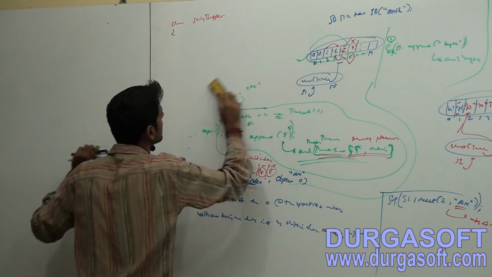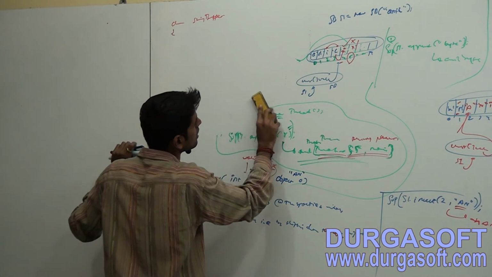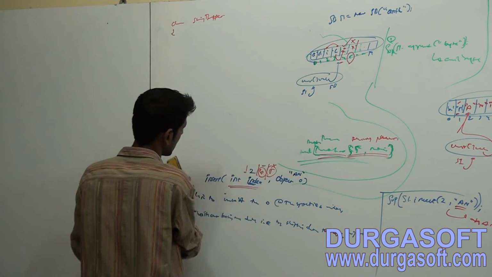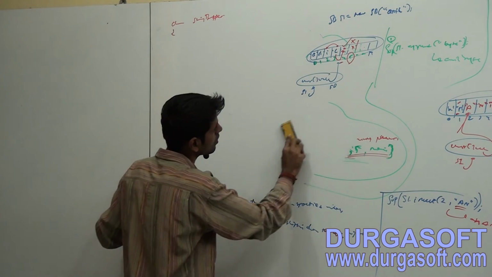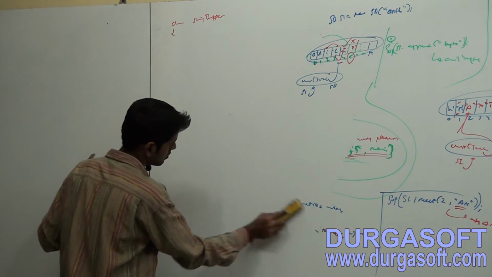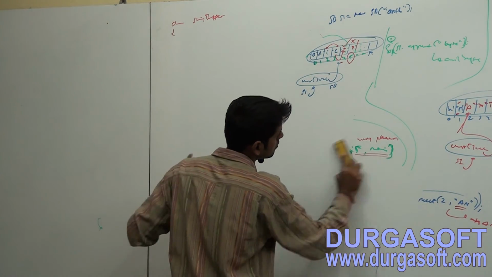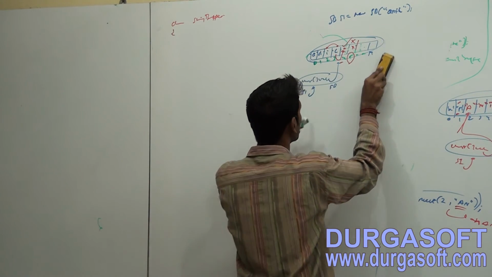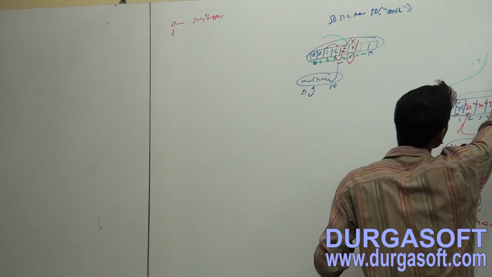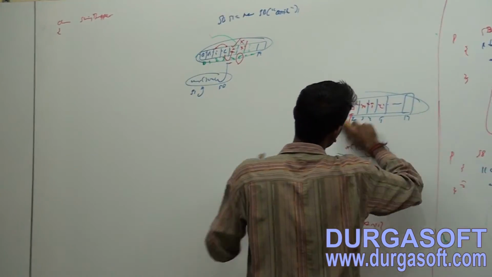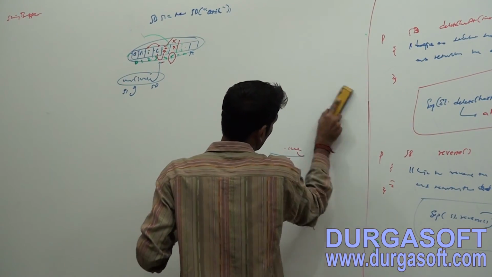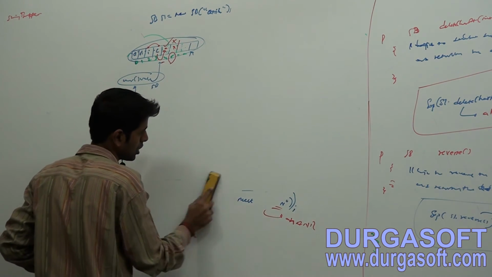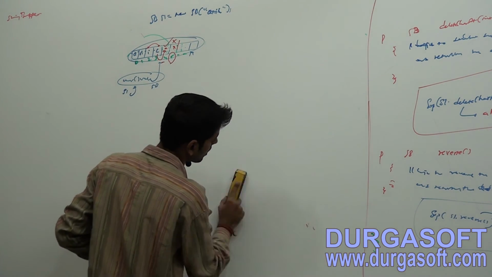Simple method. Think that I have this string buffer object. Now what is the length of this string buffer? What is the capacity of this string buffer object? Argument length plus 16. So what is the capacity? 20.